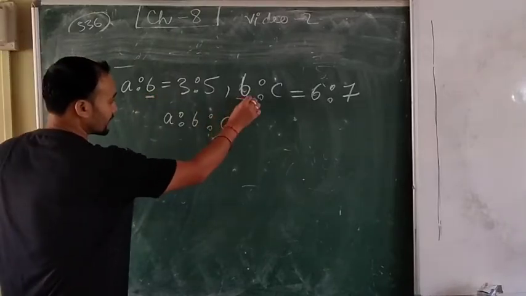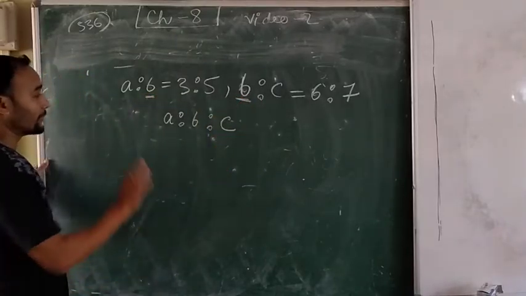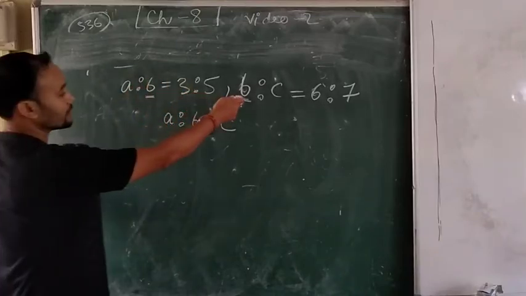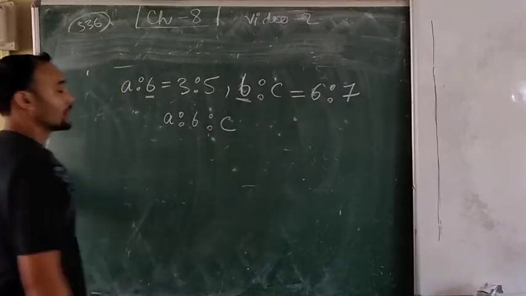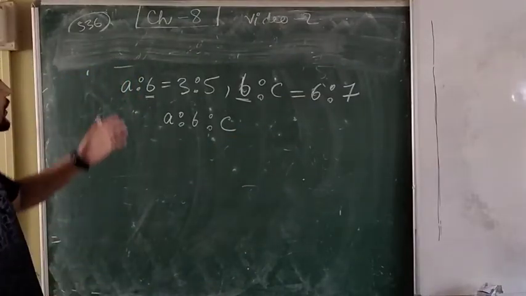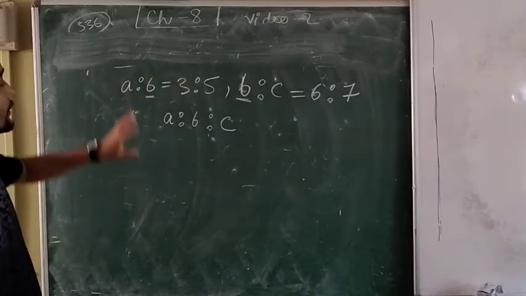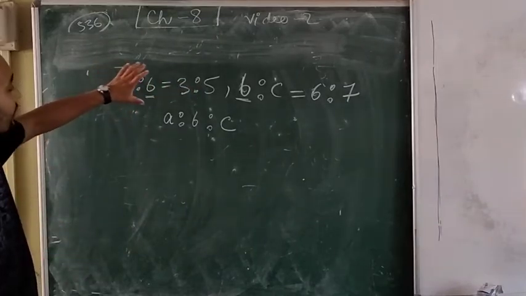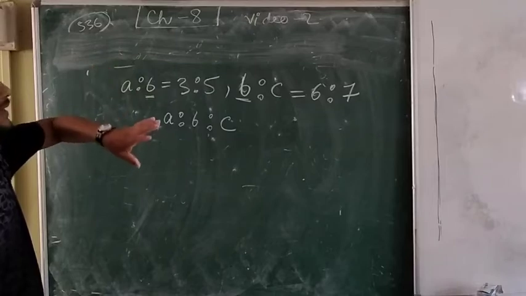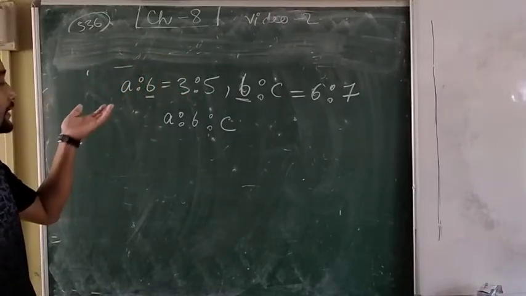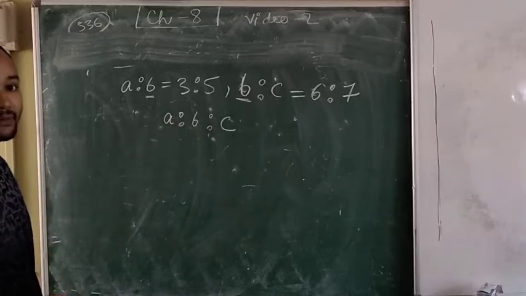But the value of B is 5 here, and the value of B is 6 there. Our main work is to have the same value of B. That means we have to arrange the value of B in such a way that in both the ratios B has the same value. And then we can easily get the value of A is to B is to C.